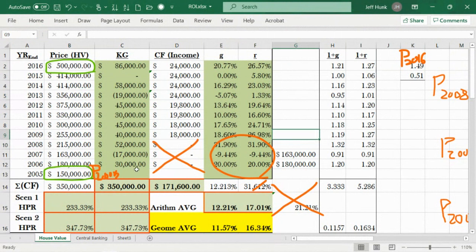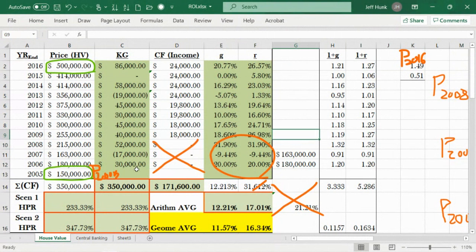So think about it. In scenario 1, the source of return is only capital gains, right? But in scenario 2, the source of the return is both capital gains and additional income. And therefore, for the first 3 years, they must be the same.